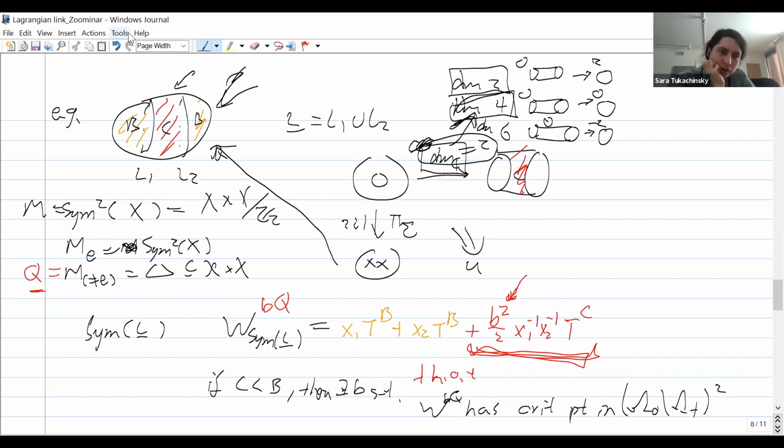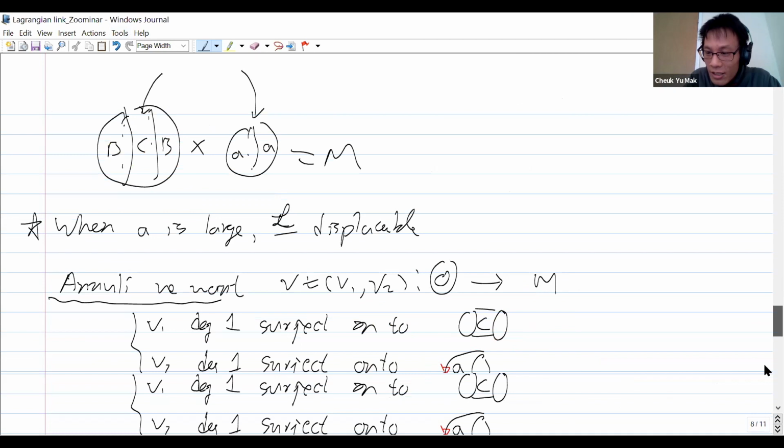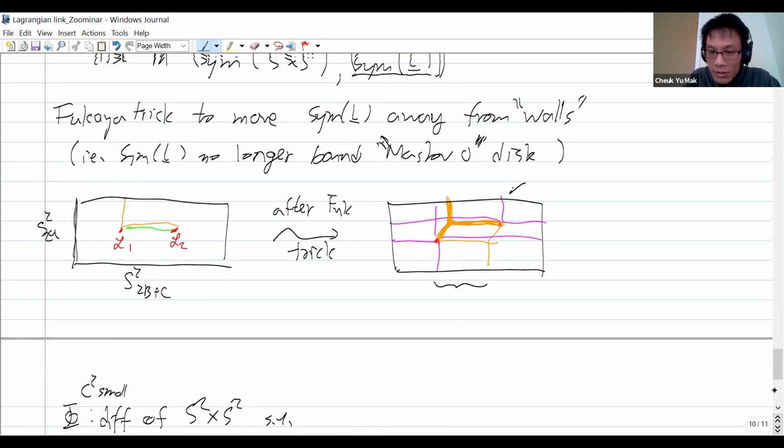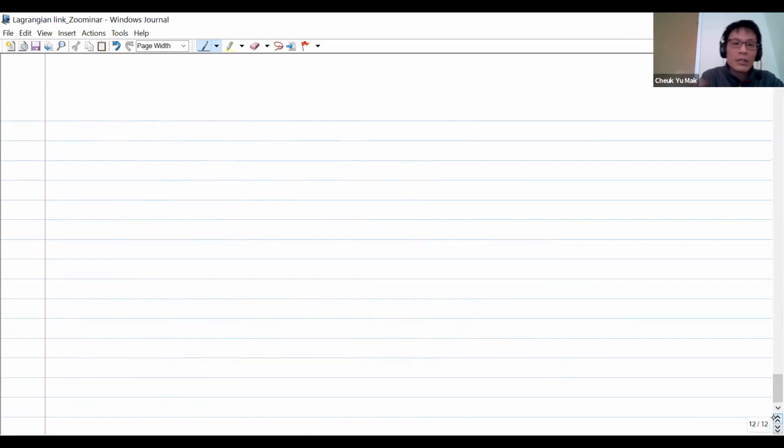Yeah, how much of the story might work in higher dimensions? That's a good question. In higher dimension, the main problem is again the problem of this Maslov zero thing.